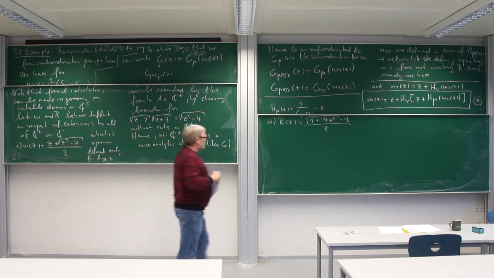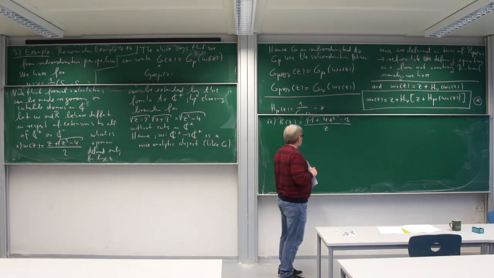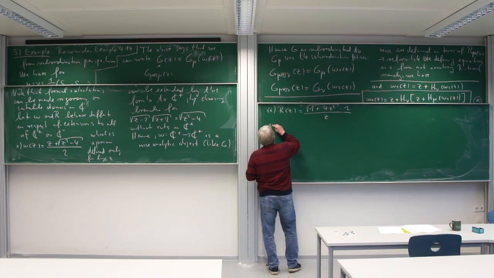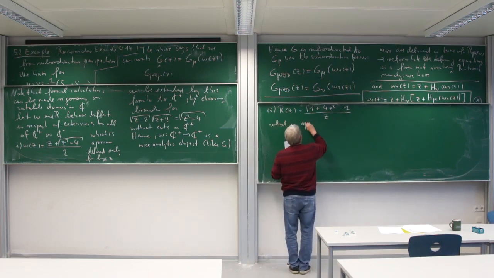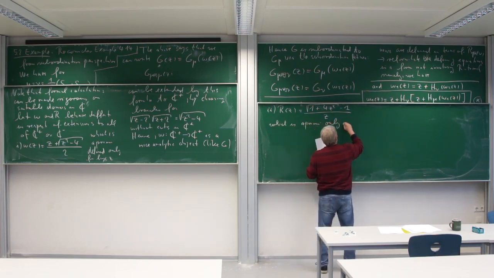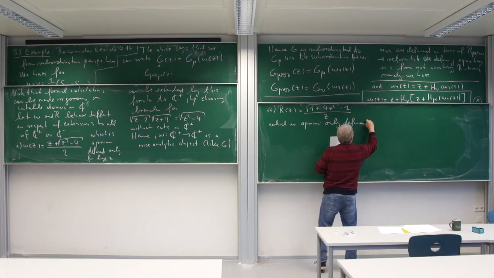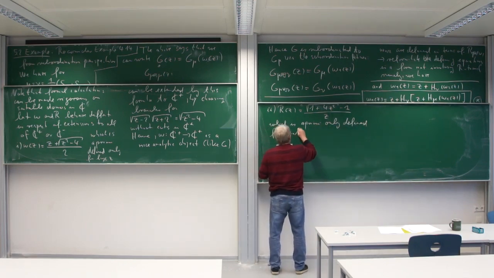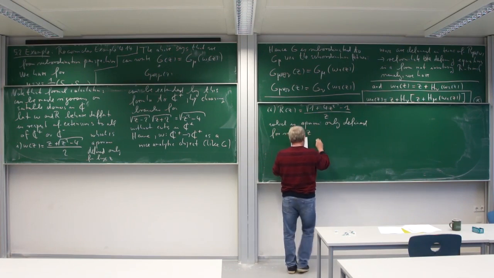Okay, there we know it's an analytic function, and it is given by this analytic formula in the neighborhood of 0. So this is defined for small z.